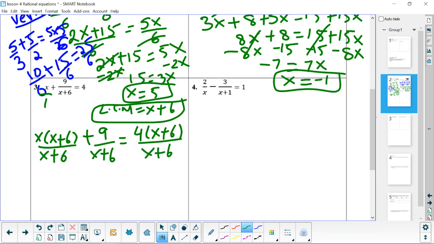Now you can see that our denominator is the same on both the left side and right side of the equal to sign. Okay, now let's simplify for x. So here I can write the left side as x plus 6 in the denominator, and the numerators I will write together.